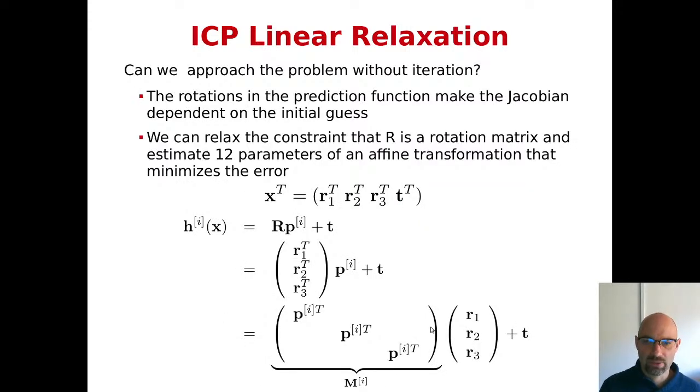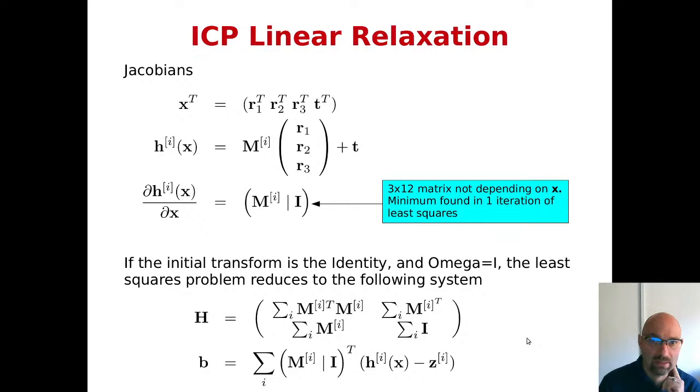It's cool because if we derive this function over here, we notice that it doesn't depend on R nor on T. This means that the Jacobian doesn't change during the iterations, and we find the solution in just one step.